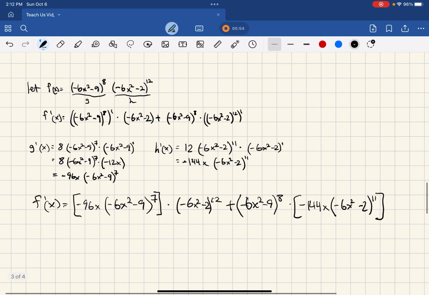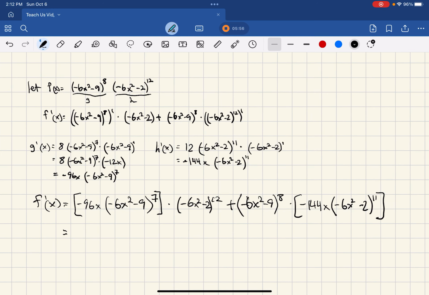You can simplify this a little bit. On the first term, (negative 6x squared minus 9) to the 7th power, we know this as a result is going to be negative. However, the 96 over here has a negative, so our first term we can convert to a positive.